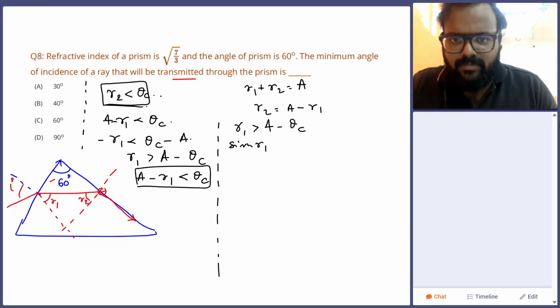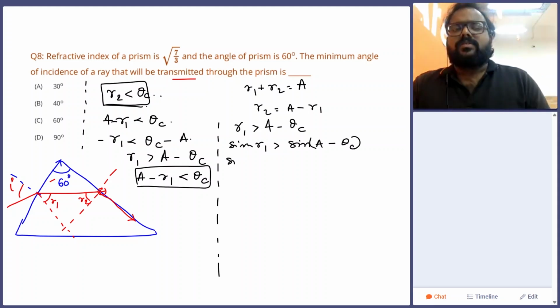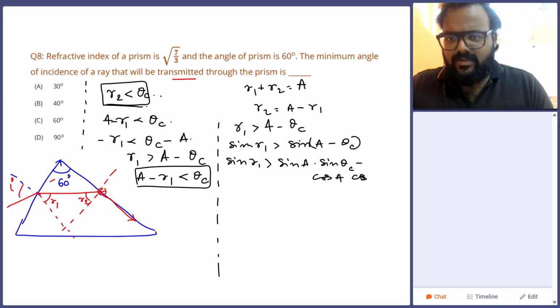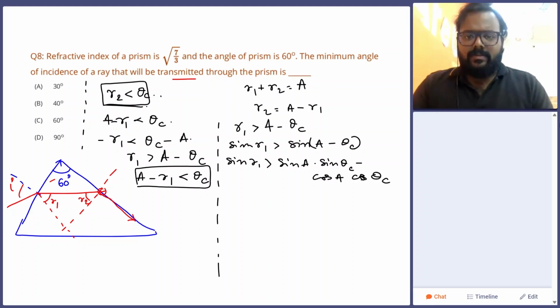So apply sine on both sides. It will be sine of A minus theta C. So sine R1 should be greater than sine A, sine theta C minus cos A cos theta C.